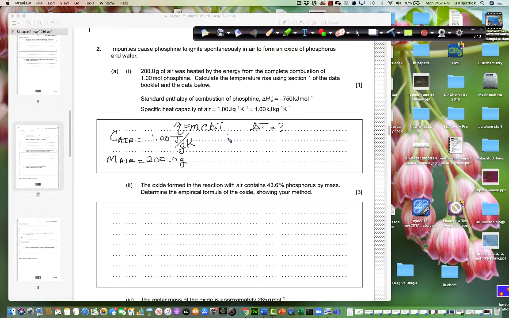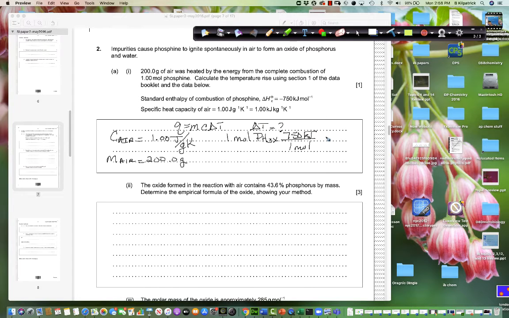If I have 1 mole of phosphine and I burn that, I will release 750 kilojoules per mole. My specific heat capacity is in joules per gram Kelvin, or we could use kilojoules, but then it also has to be in kilograms. So you're going to have to make a conversion somewhere. Units are important here, so make sure you're paying attention.